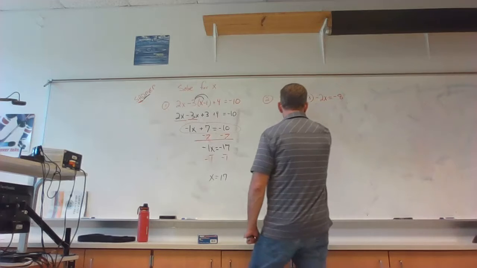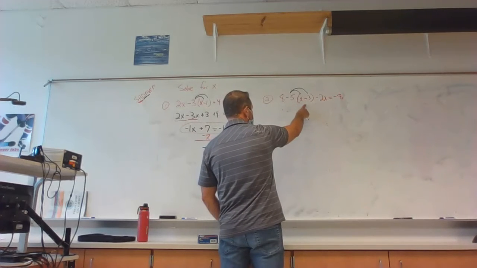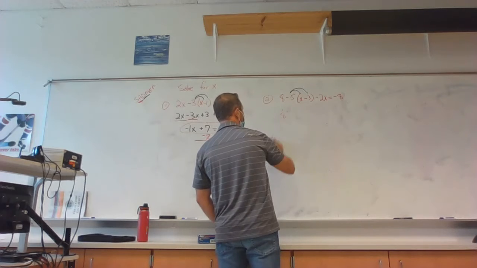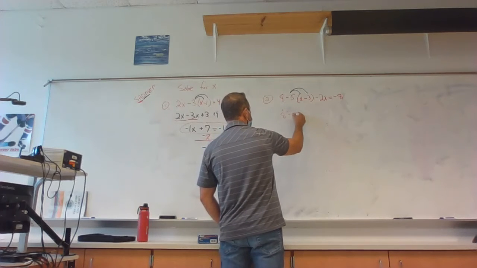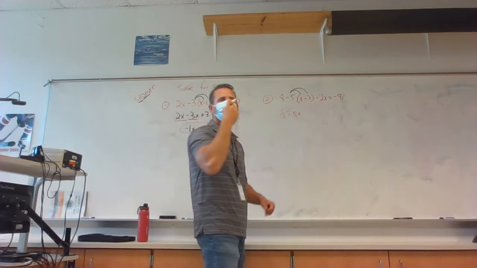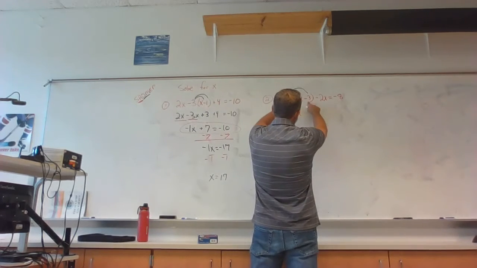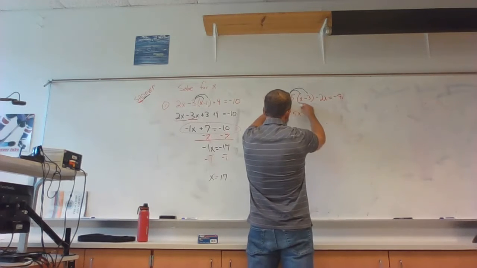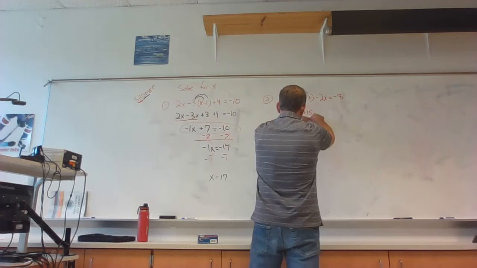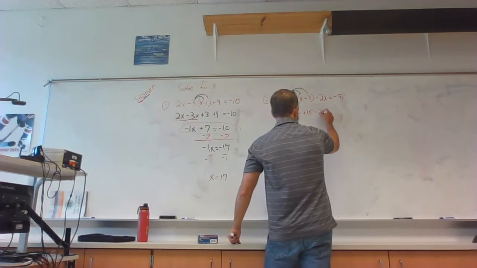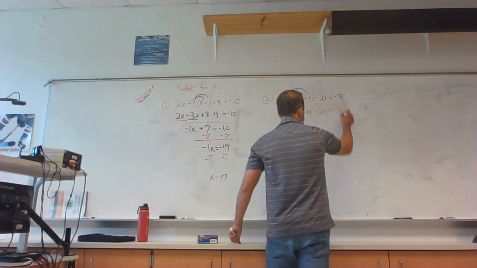All right. Again, make sure you take care of the negatives. I saw some people mess up with the negatives here. Bring the 8 down. -5 times x is -5x. This is multiplication here, people. When you multiply negative times a negative, you get a positive. -5 times -3 is positive 15. -2x equals -8.